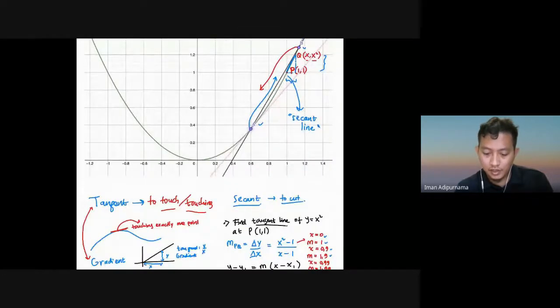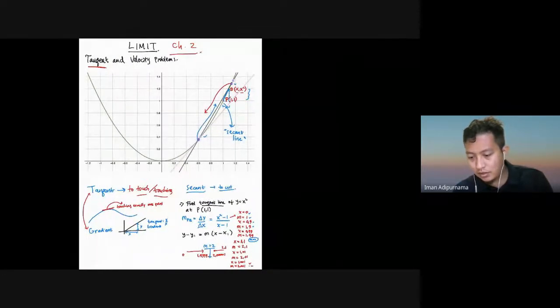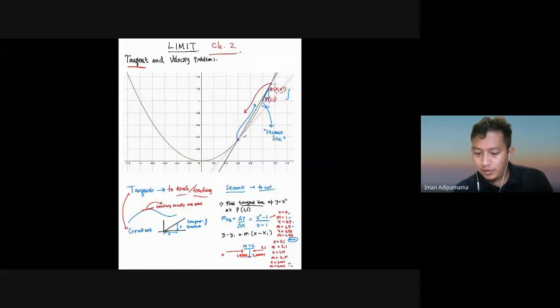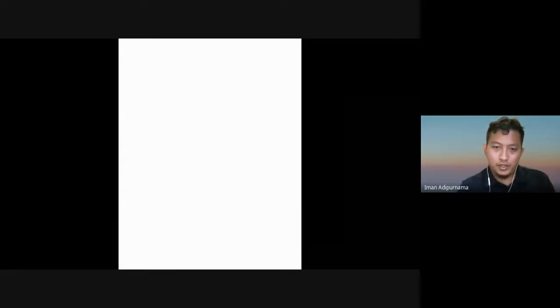Okay, let me make another page here to make it more clear.